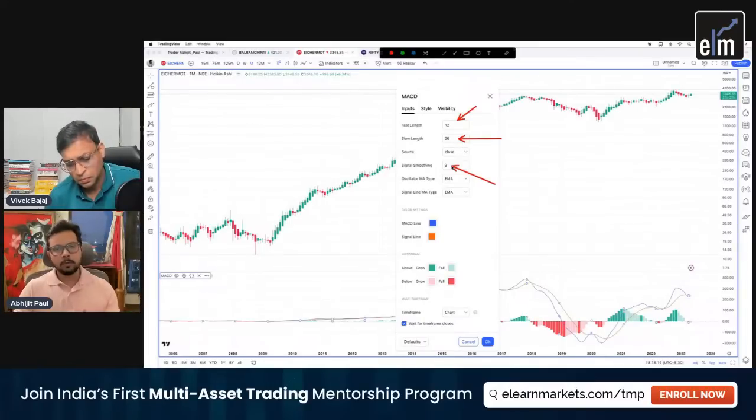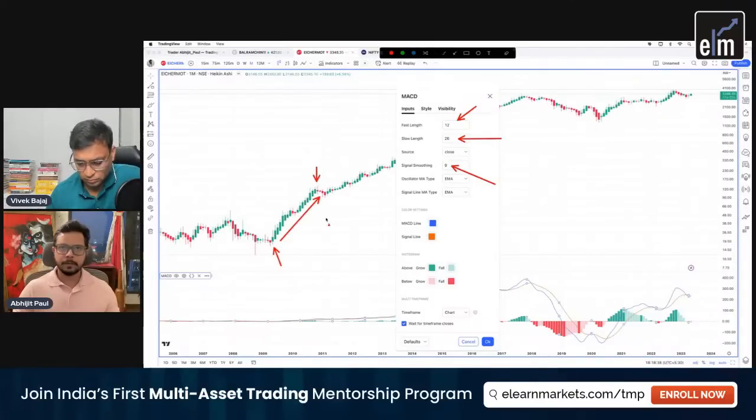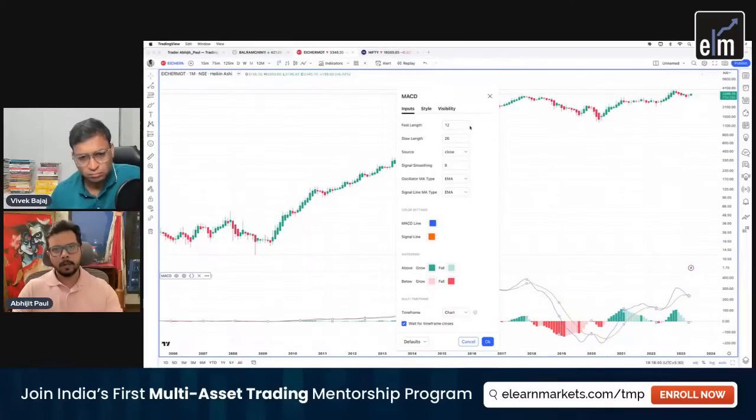The way we are going to use it is, if you find a good mega trend in any sector or any stock, or even if you take a look at the index, a decent bull market lasts for 3 to 5 years. A good decent uptrend will last for minimum a year, if not more than a year and a half. इस लॉजिक के साथ what I'm going to do, ये जो फास्ट लेंथ है, शॉर्ट टर्म है, इसको मैं 12 रखूंगा.